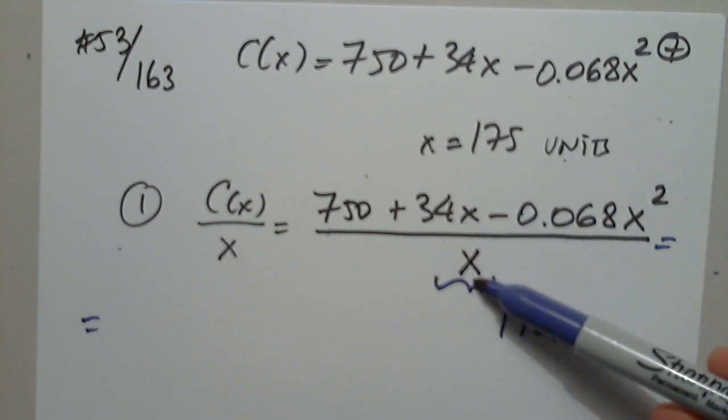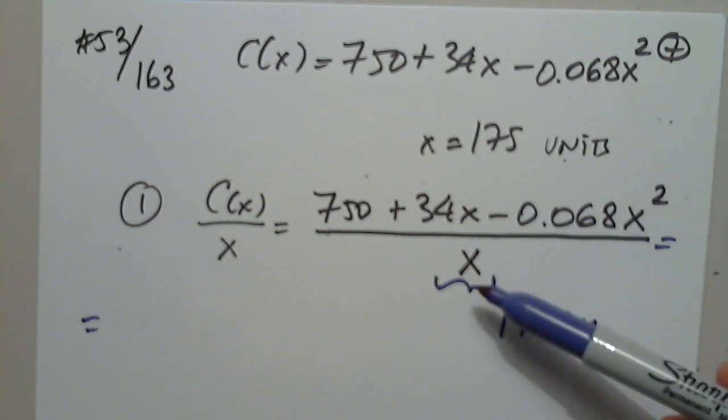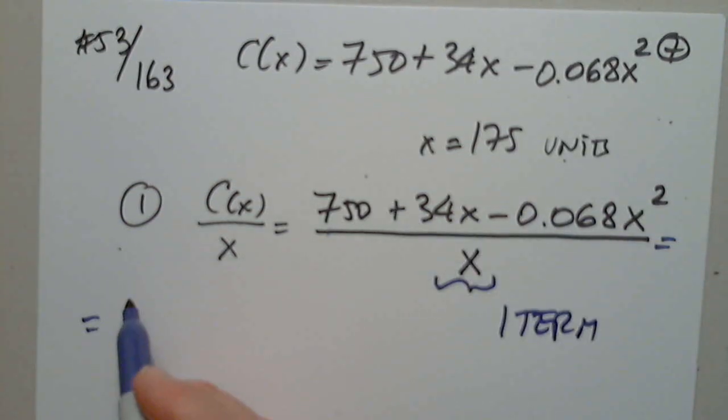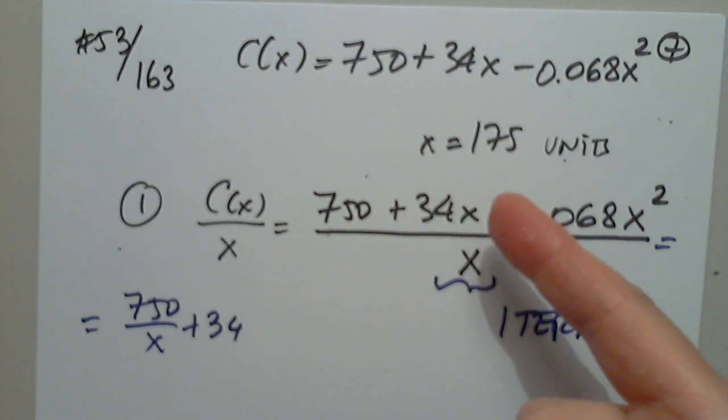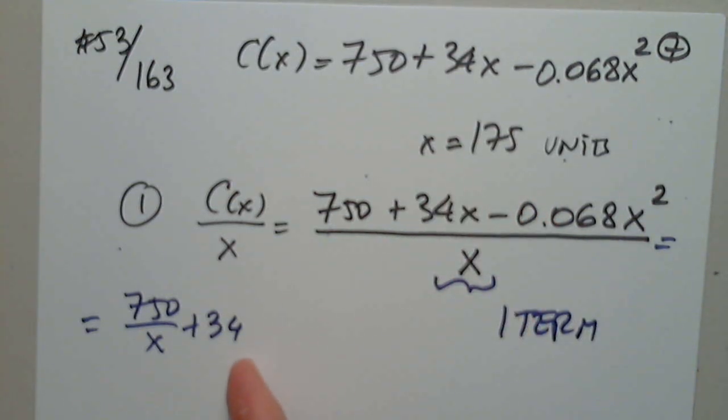This fraction stays at 750 over x. This fraction changes into 34, because 34x over x is 34. This fraction changes into negative 0.068x.